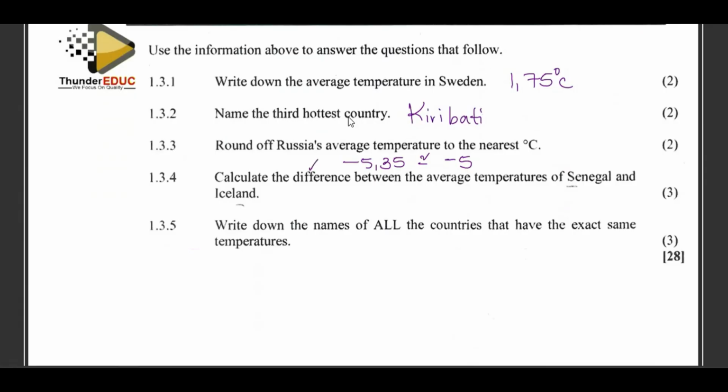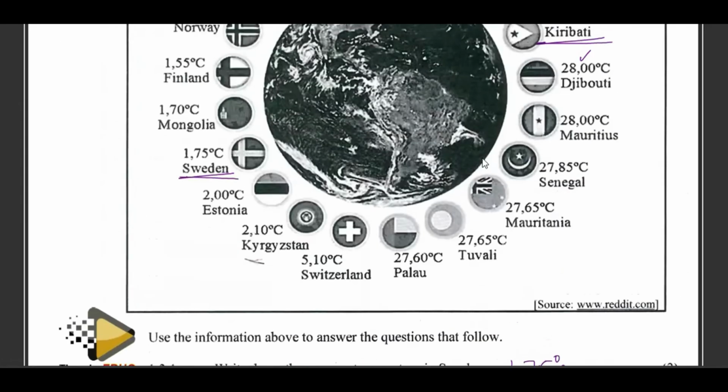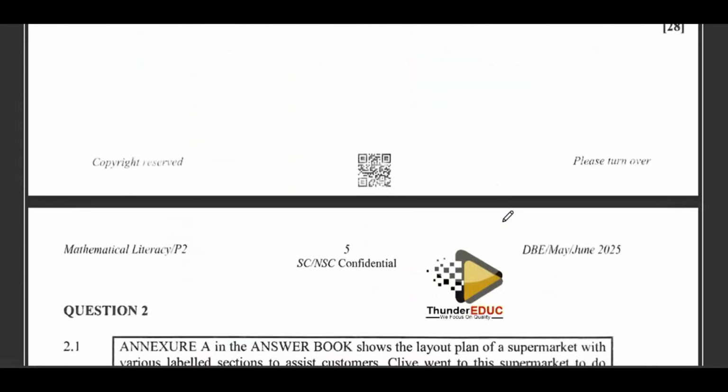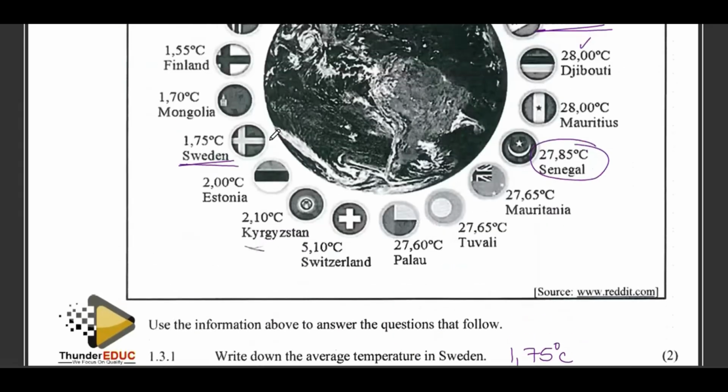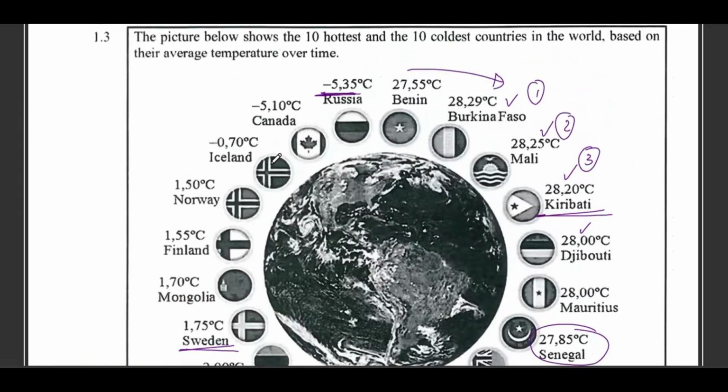The difference, when you hear difference, this simply means you're going to subtract. Okay, the difference between average temperatures of Senegal and Iceland. So you're going to take the temperature in Senegal minus that in Iceland. Let's go and we see. Senegal is 27,85 minus, let's go and we see, Iceland is negative 0,7.